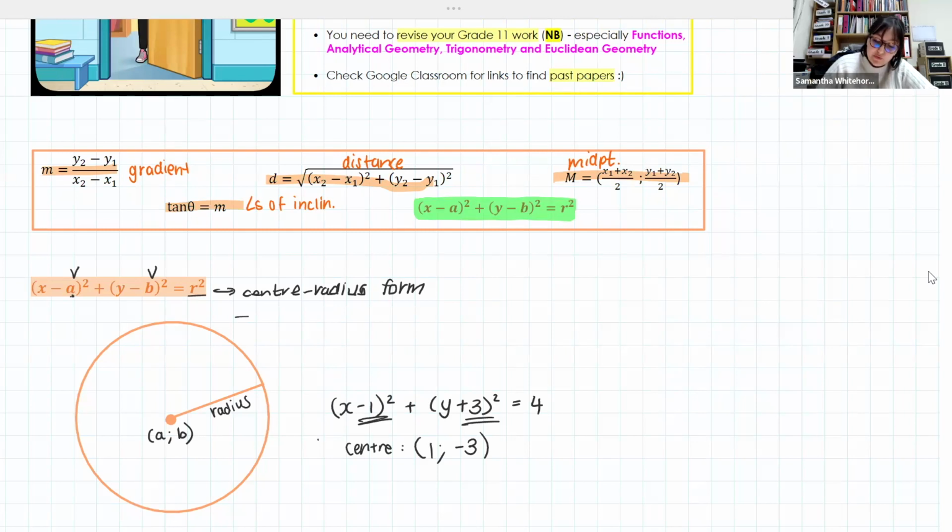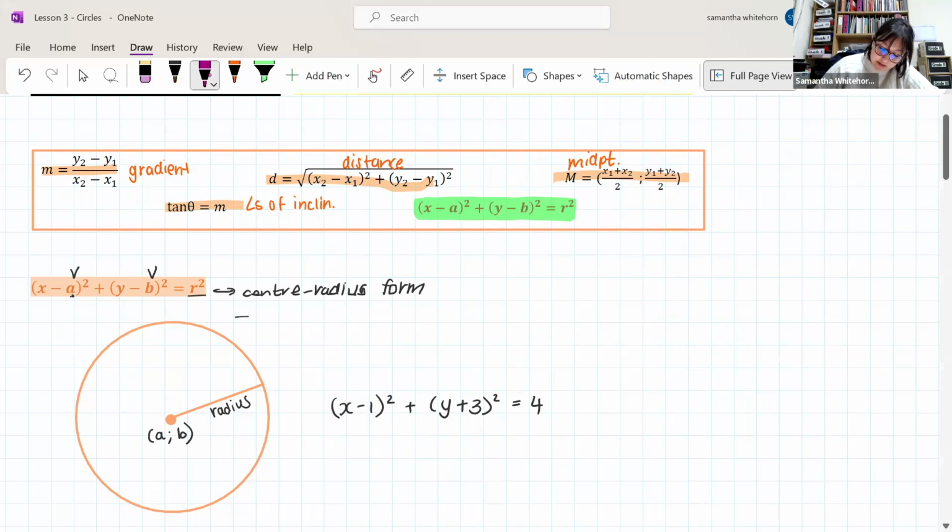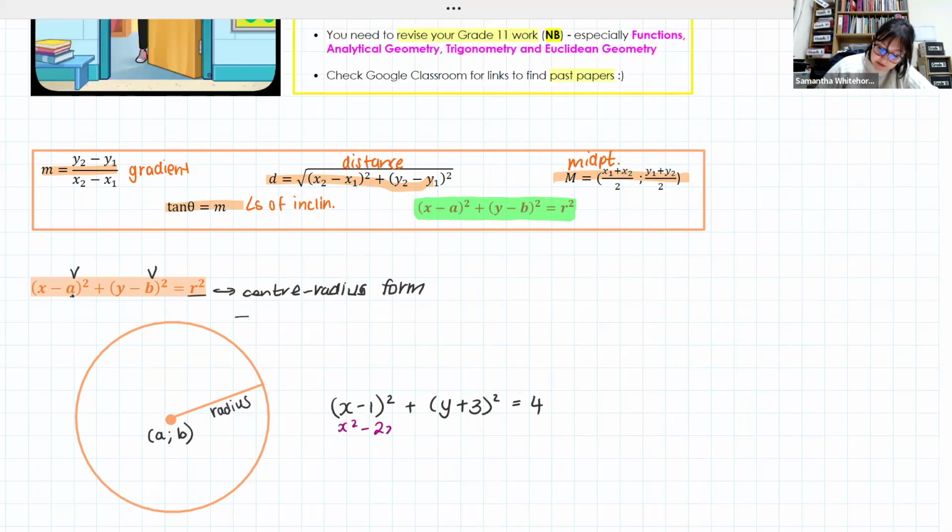But for example, if I took this equation that I've written down here, this x squared and so on, if I distributed this out, this would be x squared minus 2x plus 1 plus y squared plus 6y plus 9 equals 4.